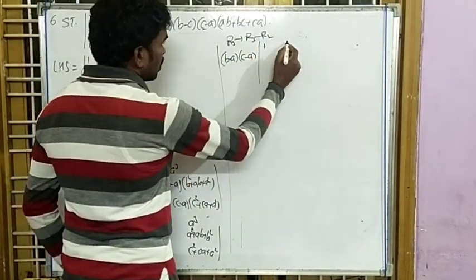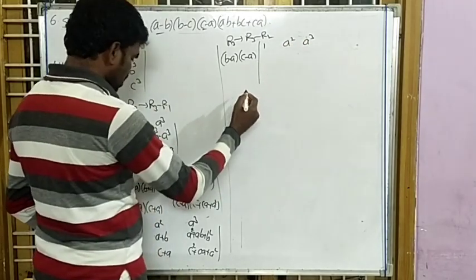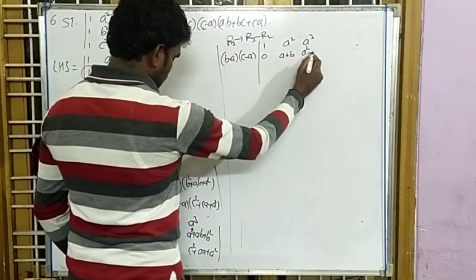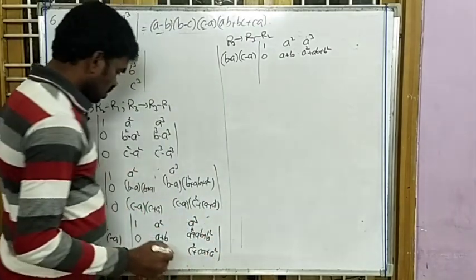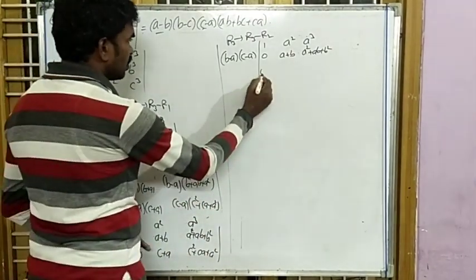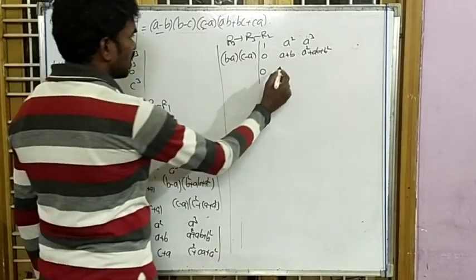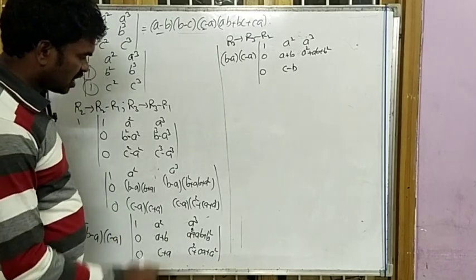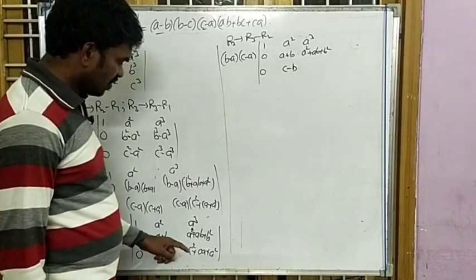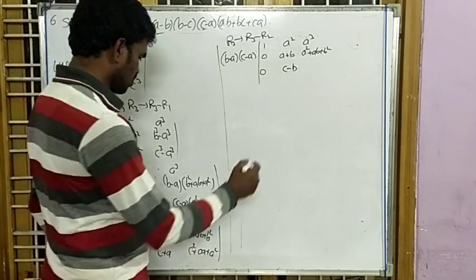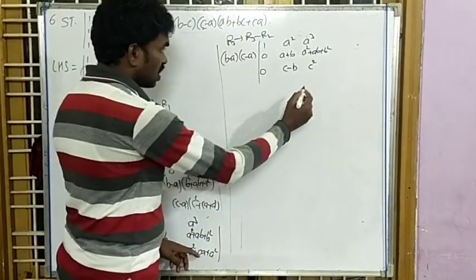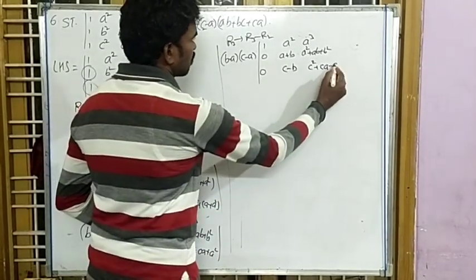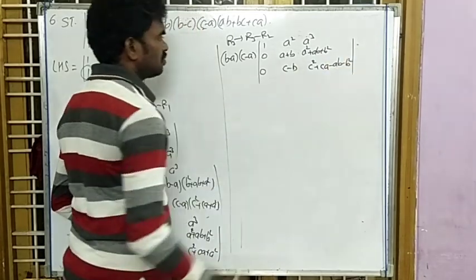Those are 1 A square A cube, and second row 0, A plus B, A square plus AB plus B square. Third row minus second row: 0 minus 0 is 0. C plus A minus B is C minus B. And C square plus CA plus A square minus A square, so A square cancels. We get C square plus CA minus AB minus B square remaining.